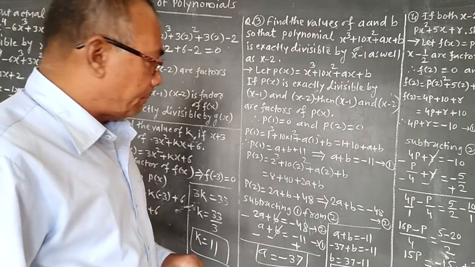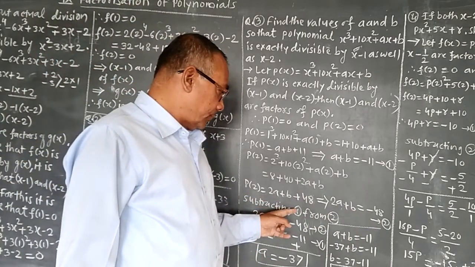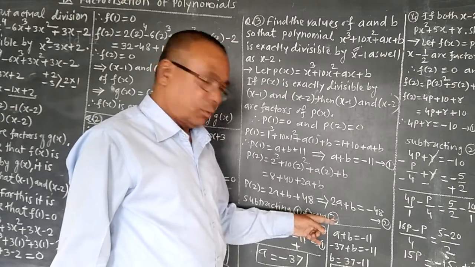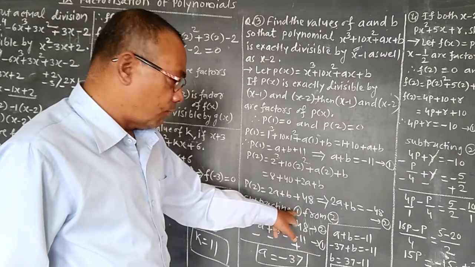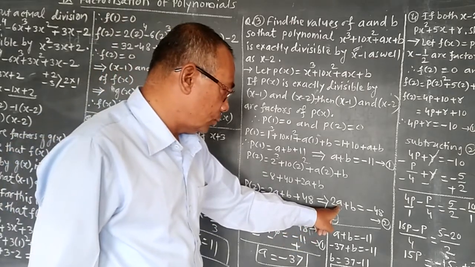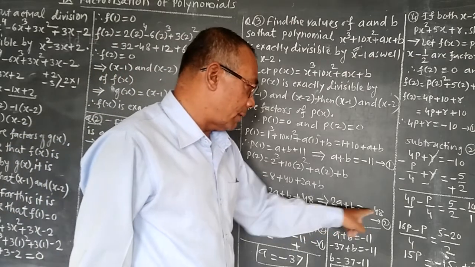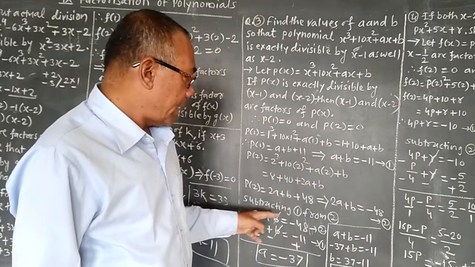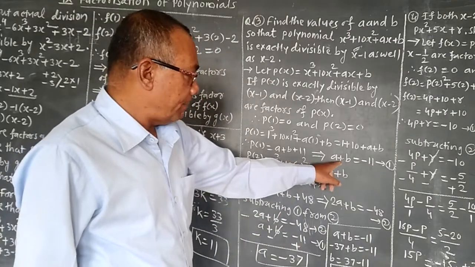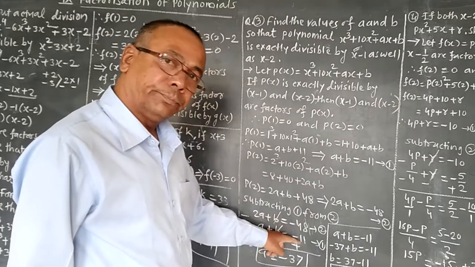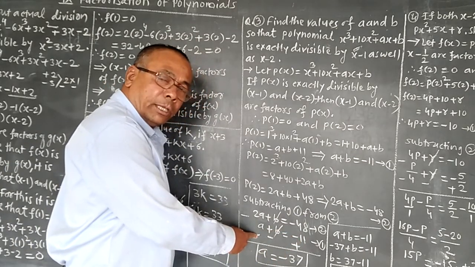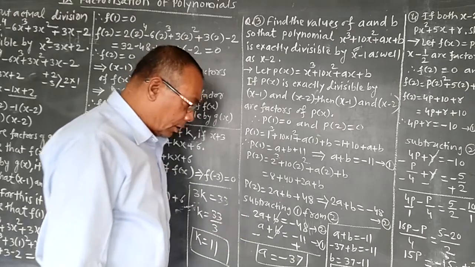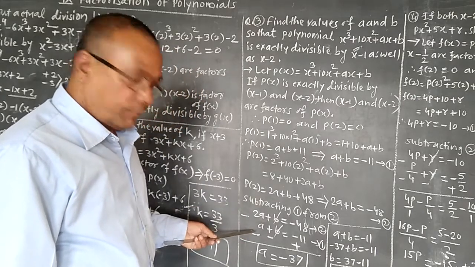Here if we subtract equation 1 from equation 2, we have to subtract 1 from 2. So write first 2a plus b is equal to minus 48 and minus (a plus b is equal to minus 11). We are subtracting, so the signs of the term below will get changed.